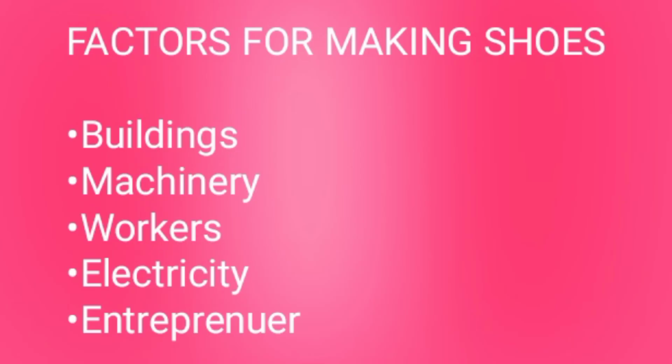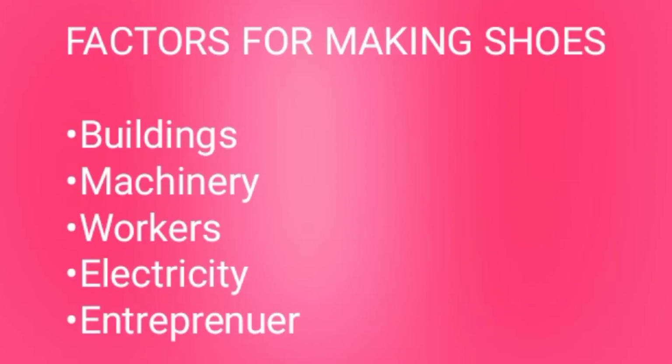The building, or a factory, is needed as a place where the goods are made. So the buildings are very much important. Next is machinery. The humans can't do everything on their own. The machines are very quick and fast, we know that.